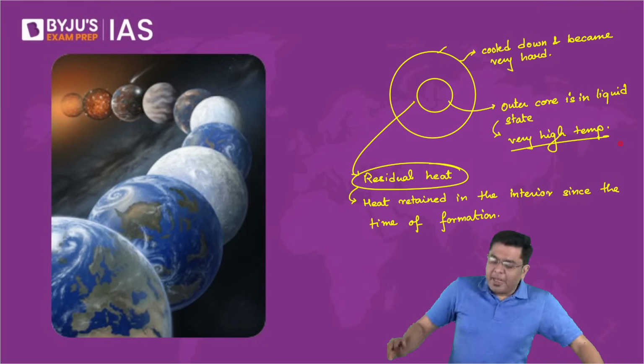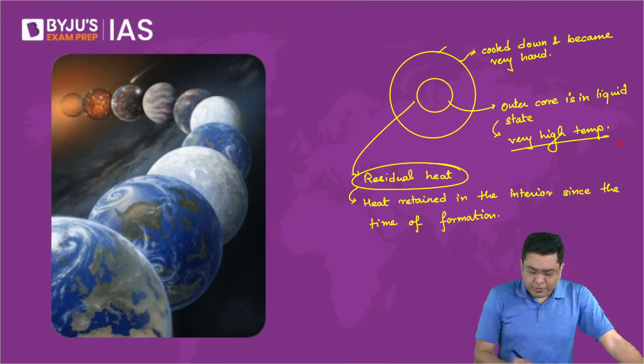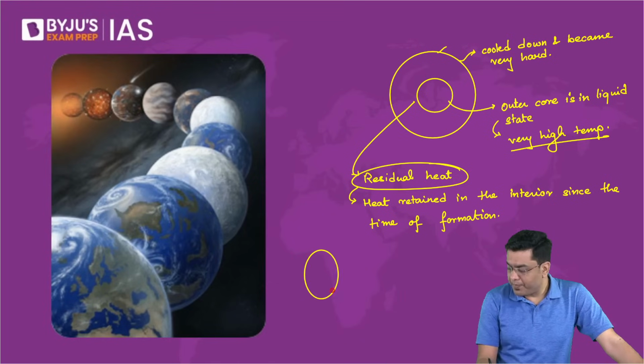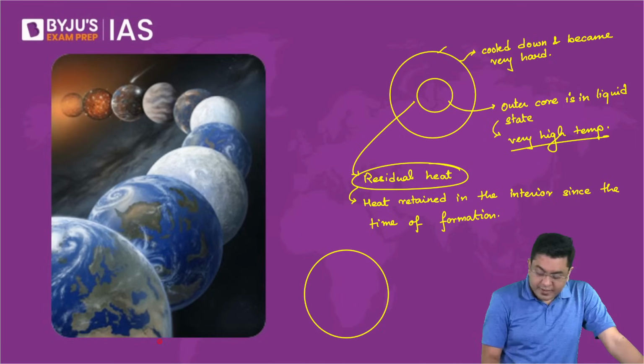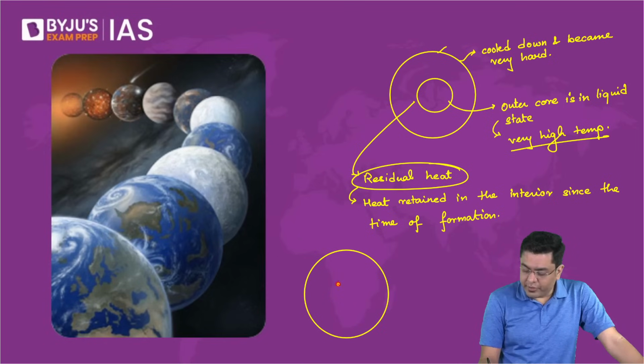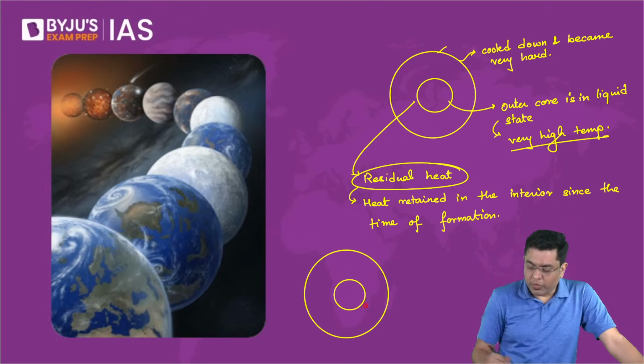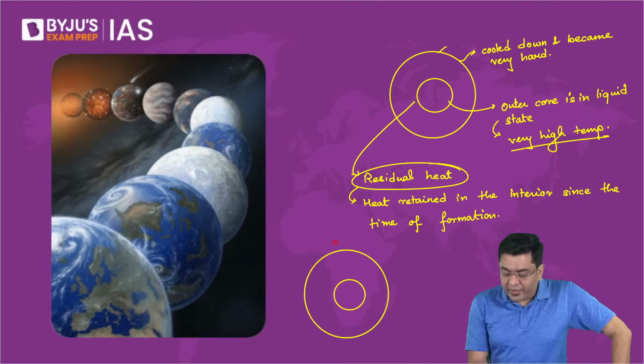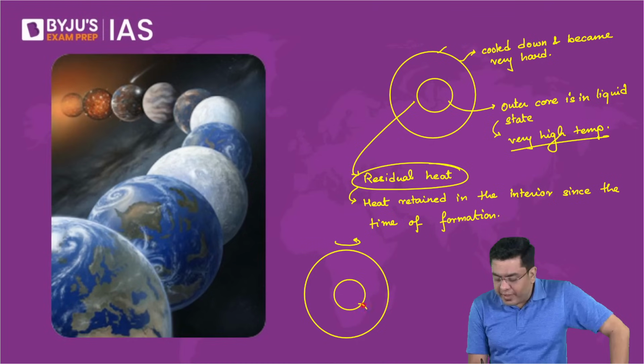So, here we'll come to that, but first of all, for that you need a clear understanding about the structure. First of all, this is your surface, this is your core. Now, as the planet rotates, outer core is in liquid state.